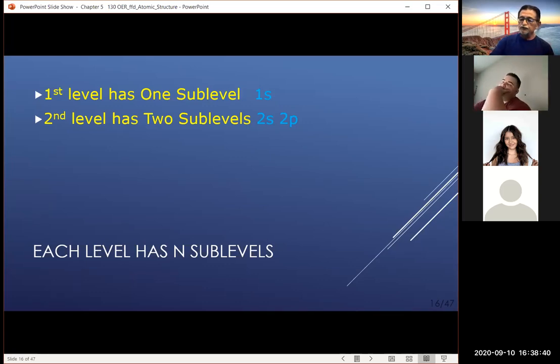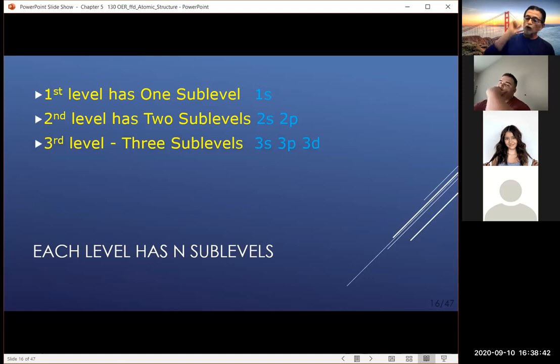So the third energy level, which begins with sodium on the periodic table, number 11, and shoots across to argon, okay, is represented by the third energy level. There is an introduction of a new orbit called the D. So it also has the S, it also has the P, but now we introduce what is called the D orbit, okay?